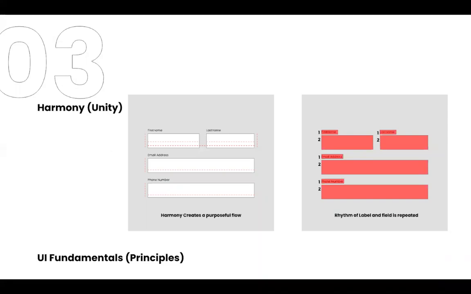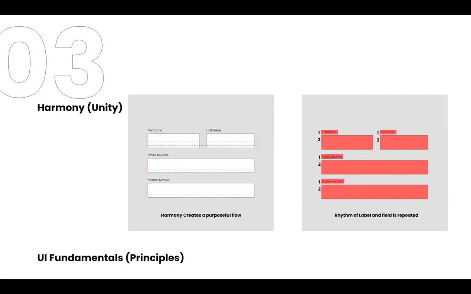Think of harmony as a glue that holds individual visual elements together in your design to make something meaningful of everything. In most cases, harmony can be formed from things like rhythm or repetition. Harmony tends to help us create what we call a purposeful flow.